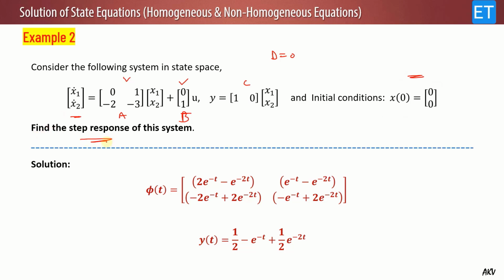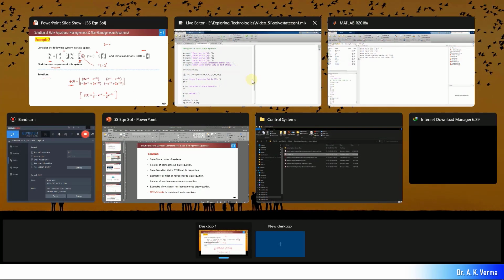Now you need to find the step response. Your input u is unit step. You will give input like this in the form of a string, and this is the output. You will get the same phi t because matrix A is the same as in the previous case, and this is the corresponding output y t. Let us verify whether we will achieve it using that program.